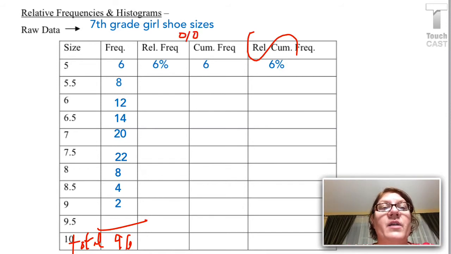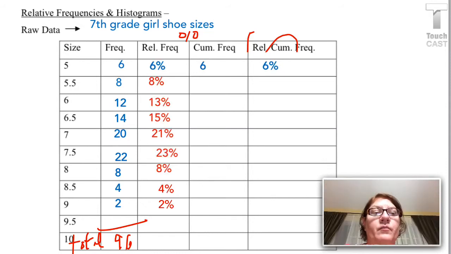And so when I say relative, it's relative to the total. So if it's out of 96 girls, then I'm doing 6 out of 96, which turns into 6%. And if I do 8 out of 96, that actually turns into 8%.